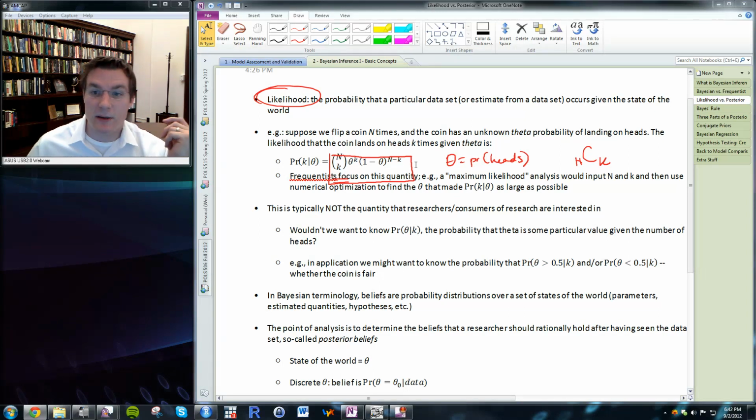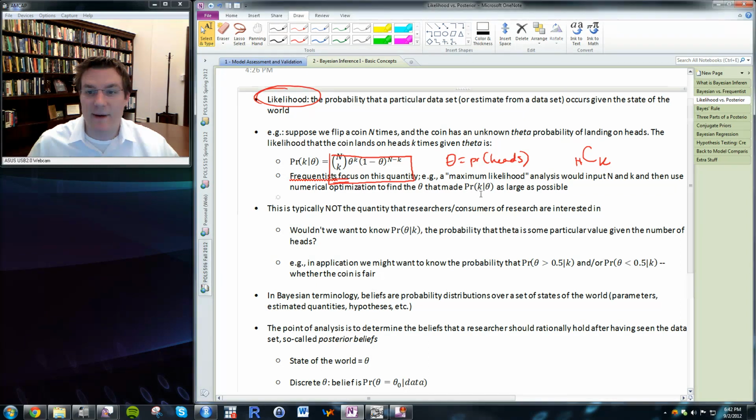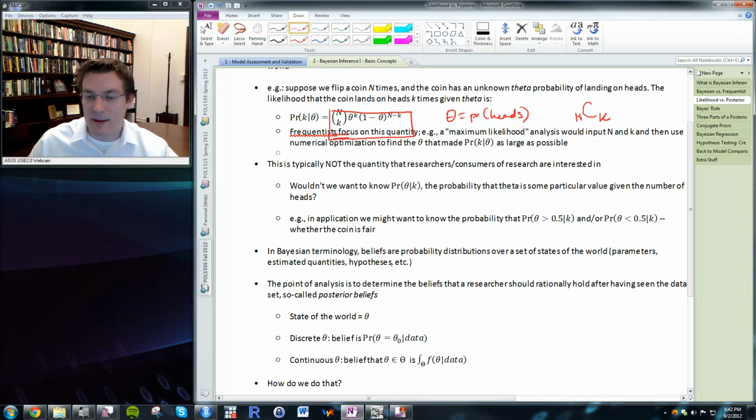Frequentists focus on this quantity. So for example, if I was going to conduct a maximum likelihood analysis, what would I do? Well, I'd plug in n and I'd plug in k, and then I'd use some optimization routine to find the theta that made this probability, this likelihood right here, as high as I could possibly get. So I'm going to pick a theta hat that maximizes the likelihood. It's exactly what it sounds like.